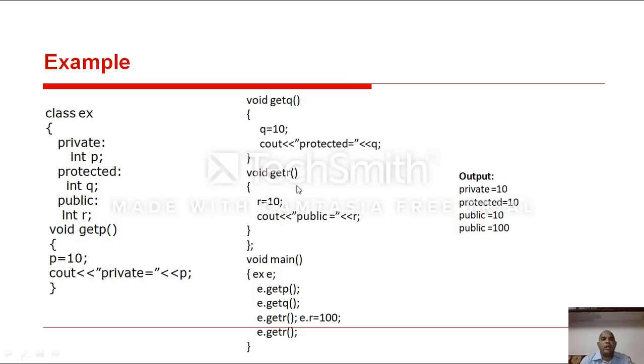In get R, R equal to 10, cout public, then R value. These are all the methods. How many methods here? Get P, get Q, get R.